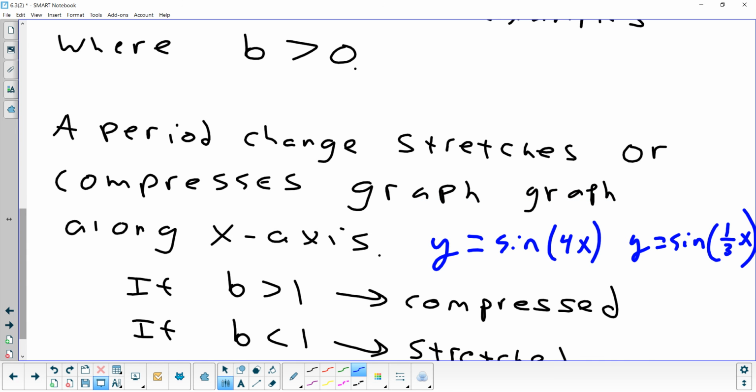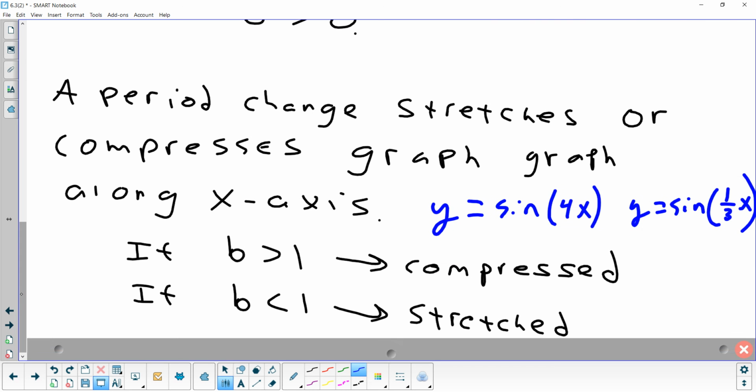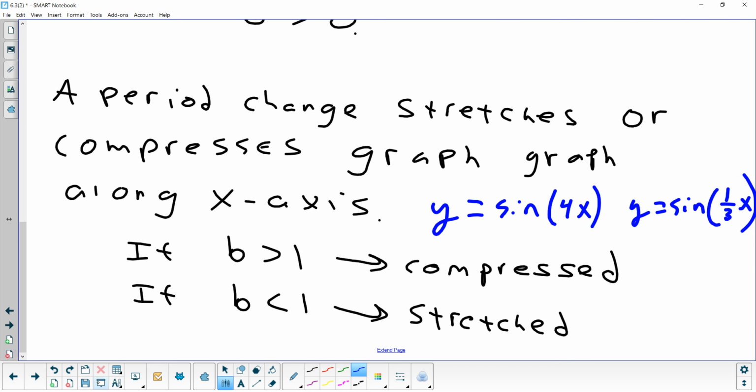So in general, you're looking at the b value and asking, is it greater than 1 or less than 1? But it'll always be greater than 0. If it's greater than 1, that results in a compression. The bigger the number, the more compression you get.